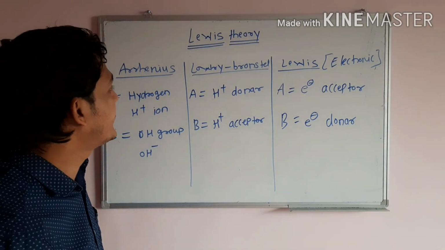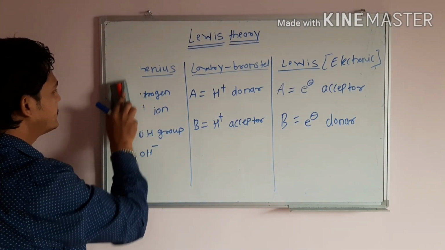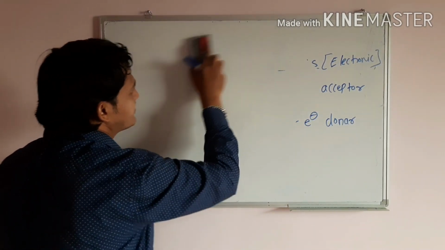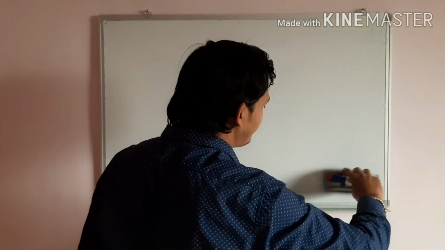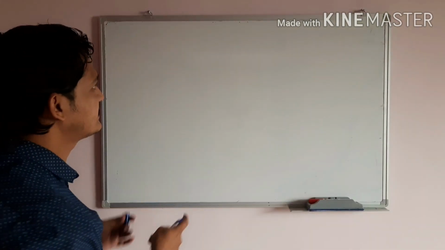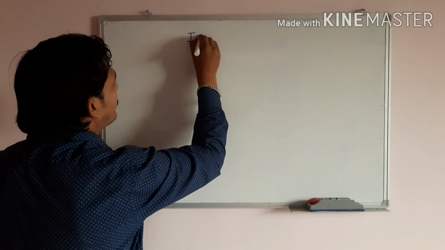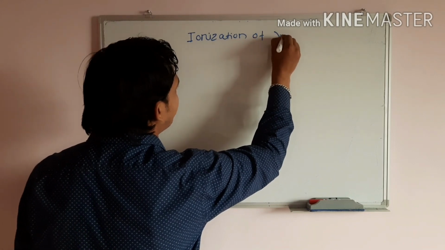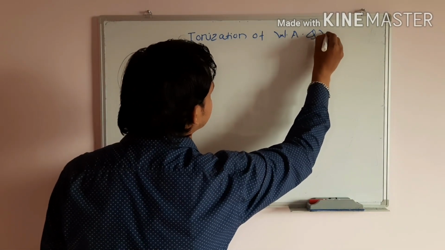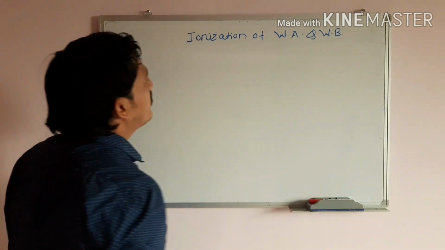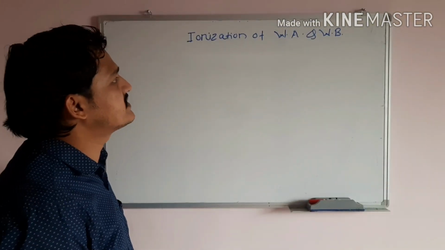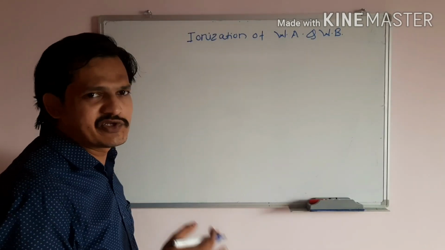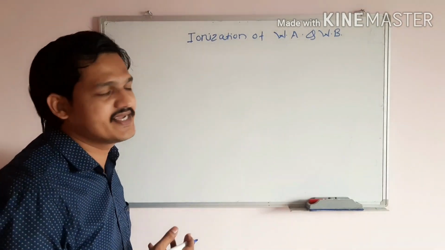Now let us move to the ionization of weak acids and weak bases. We already know there are many examples of weak acids and weak bases. Weak acids include benzoic acid, formic acid, acetic acid.